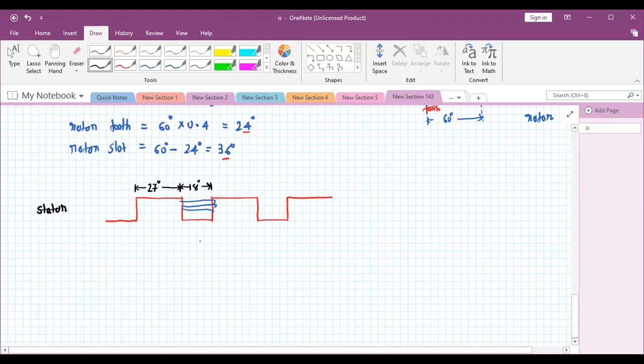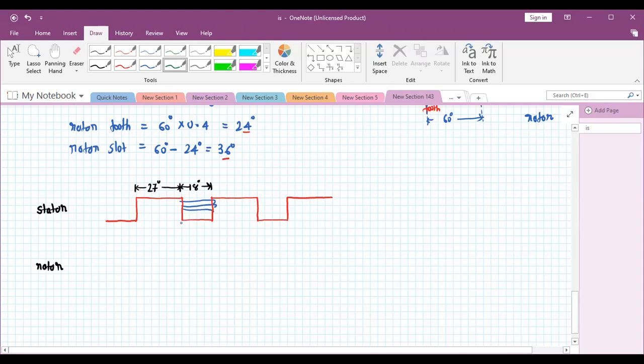Now the rotor. If I draw the rotor here, just a second.